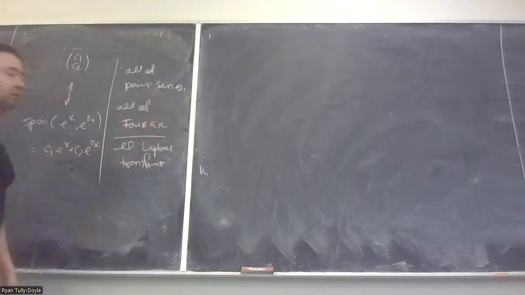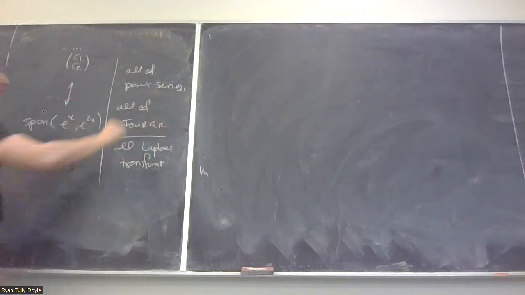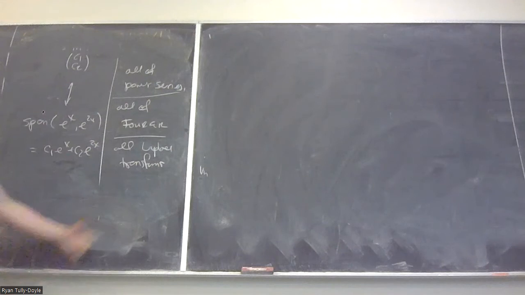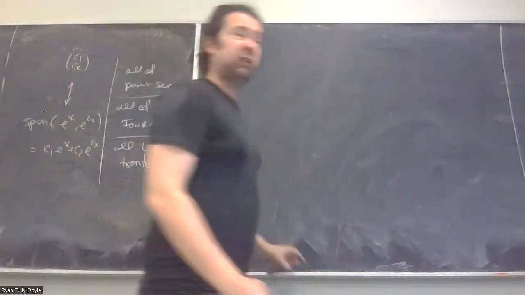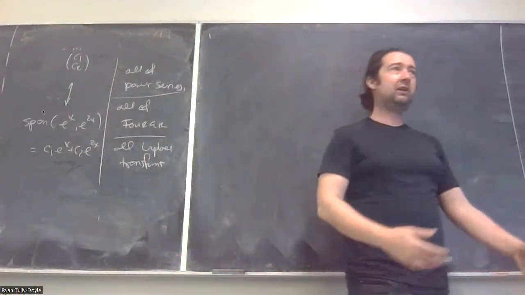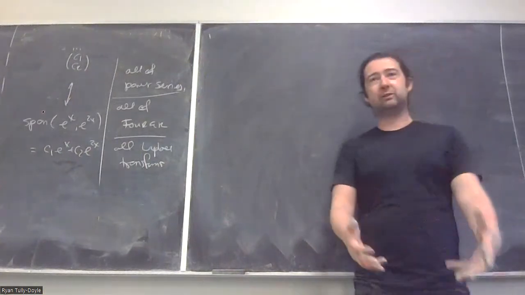You may or may not have seen these depending on the classes you've taken. Everyone in here has seen power series before. But power series are secretly just infinite dimensional linear algebra. And so are Fourier series, and so are Laplace transforms. So basically everything is linear algebra. One of the goals of teaching you linear algebra is to secretly convince you that there's no such thing as math that isn't secretly linear algebra.